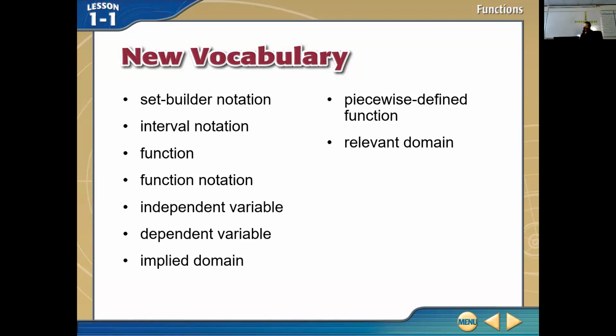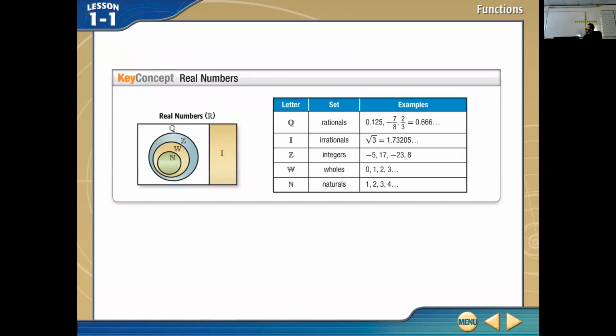Okay, so we're going to be back, and this is on page 8 of that PDF. Okay, so if we go next, the key concept that we're going to be using is real numbers. And you can tell from our little diagram here, real numbers encompasses all of these. This box represents real numbers.